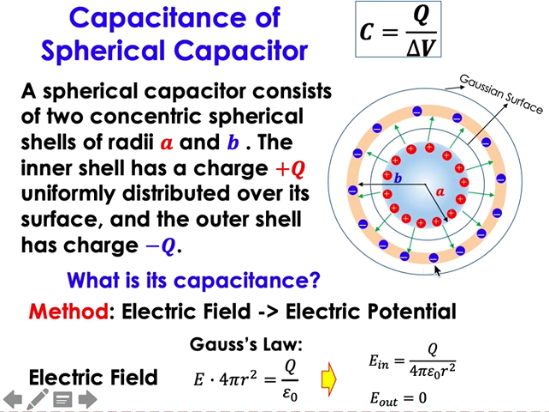So the electric field outside this condenser is 0. Sorry, capacitor. This is the calculation for the electric field.